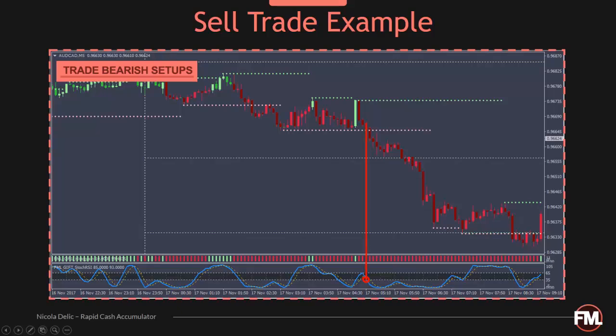Here we have right at 35, so it's fine. You can enter a trade. Again, this would be your stop loss, and double the entry to stop loss distance is going to be your take profit.